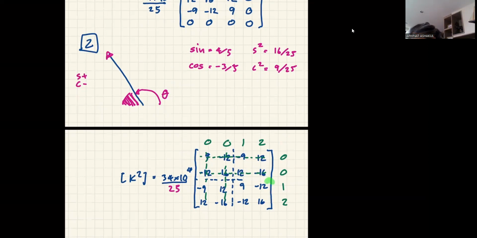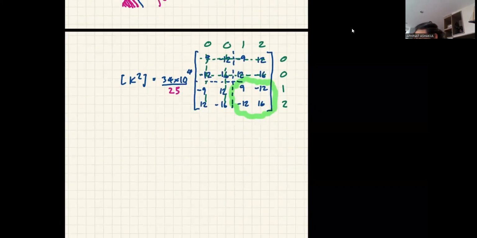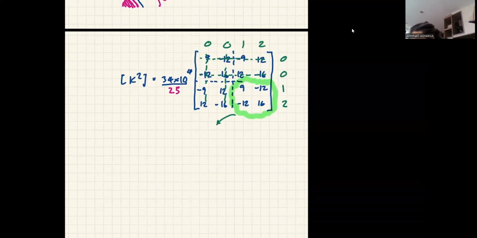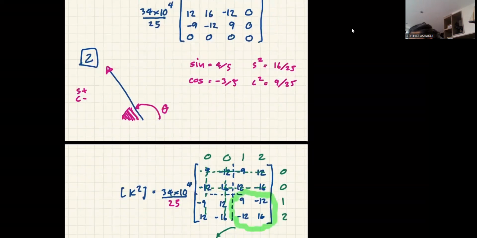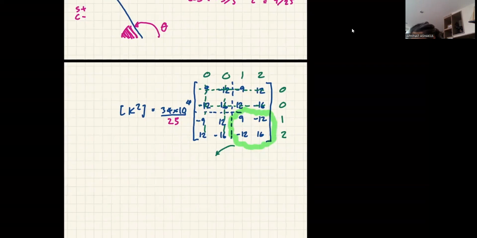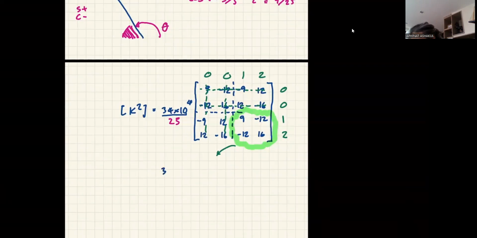Okay, so we can rewrite this into this. What color did I use? Okay, same. So here is 9, minus 12, and then 16.